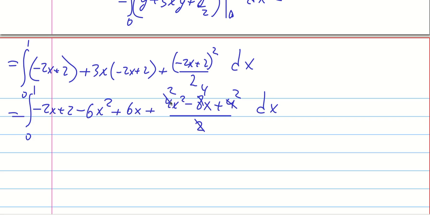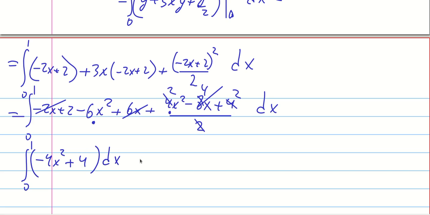We have 2x squared and negative 6x squared, so it's negative 4x squared, accounting for this term and this term. Then we have negative 4x and negative 2x, so it's negative 6x, and positive 6x. So this term and this term go away. And we have 2 and 2, so it's plus 4, evaluated from 0 to 1, dx.